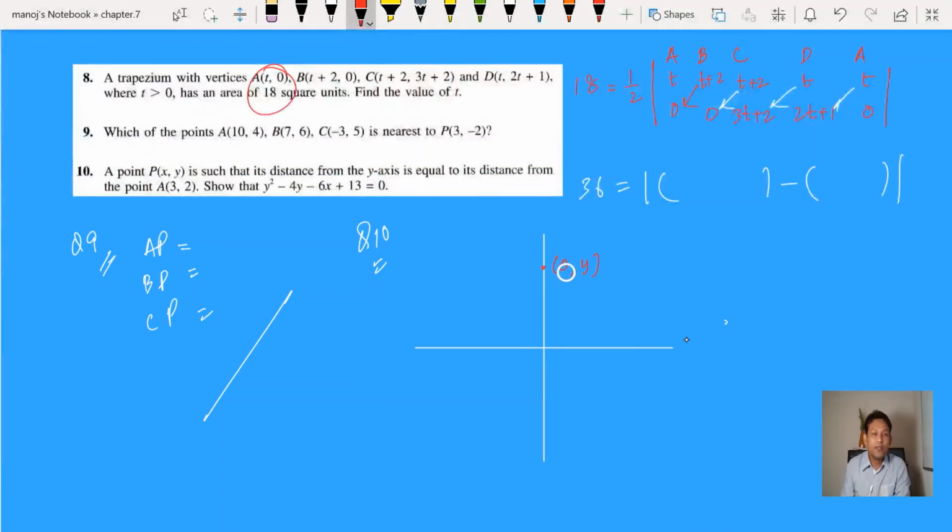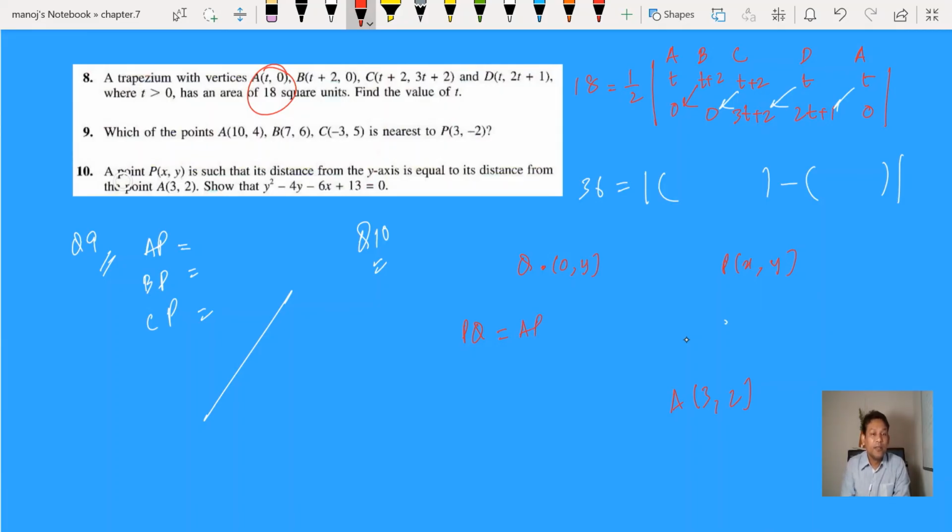This is the coordinate. And P, we don't know where P is, but P is x, y. And A is anywhere, suppose A is 3 and 2. It is equal to its distance from, we can suppose this point is Q. So PQ equals AP, and you can use the formula.